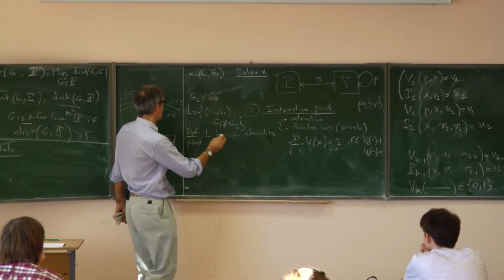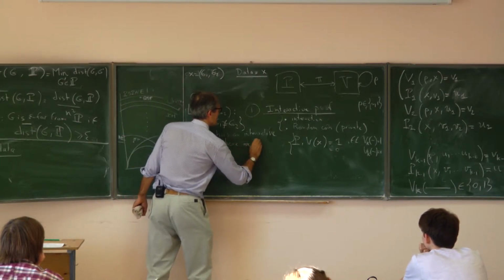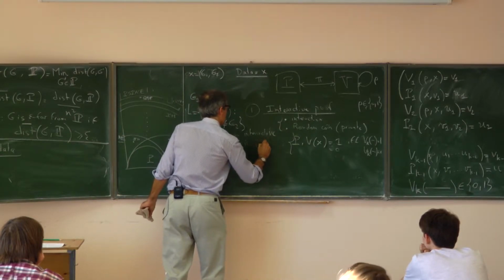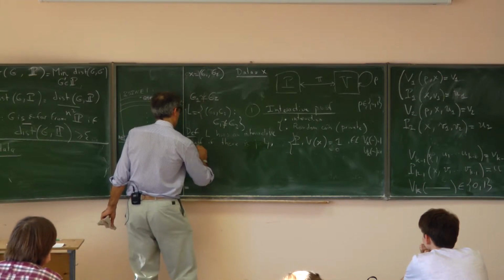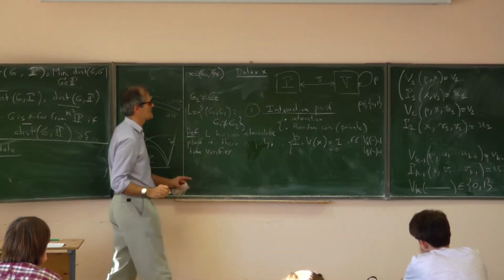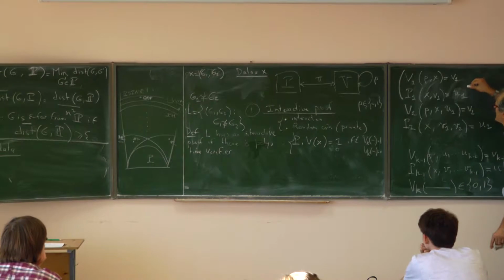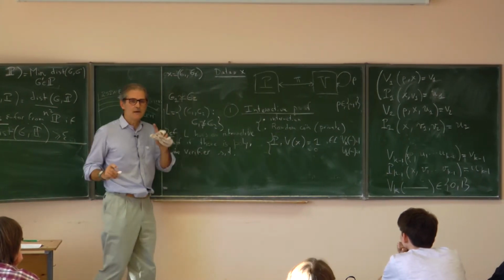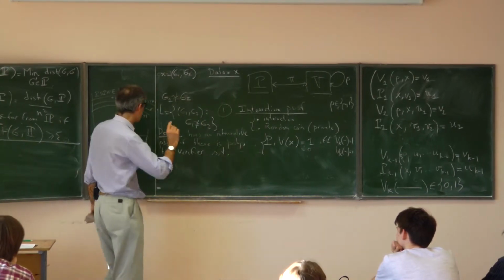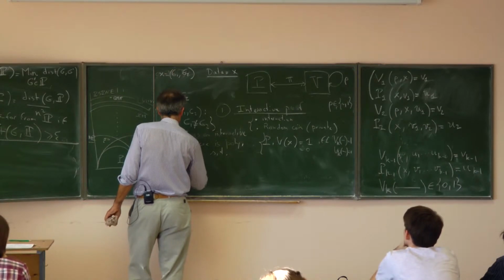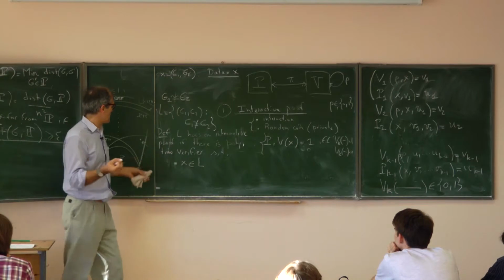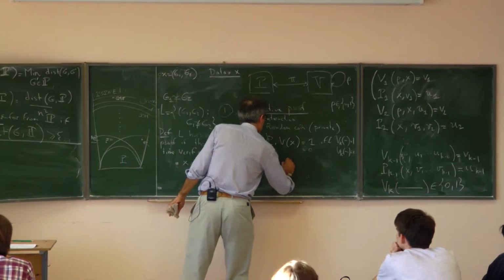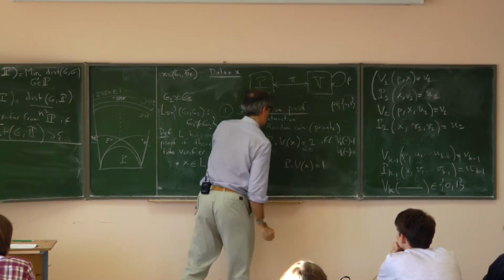So L has an interactive proof if there is a polynomial time verifier, where a verifier is defined by the functions v1, v2, up to vk, such that, here is a trick in the definition, there are two conditions: if x is in L or if x is not in L. If x is in L, you want there to exist a prover such that PV x equals 1 all the time.